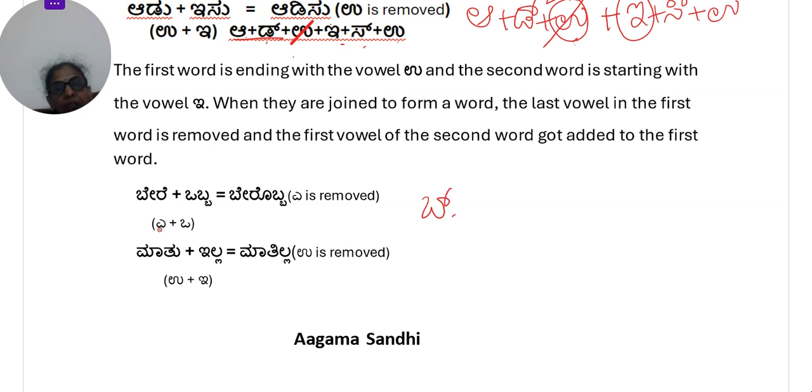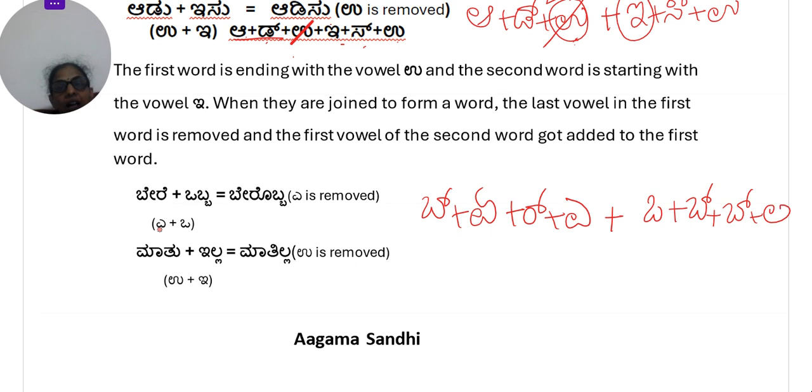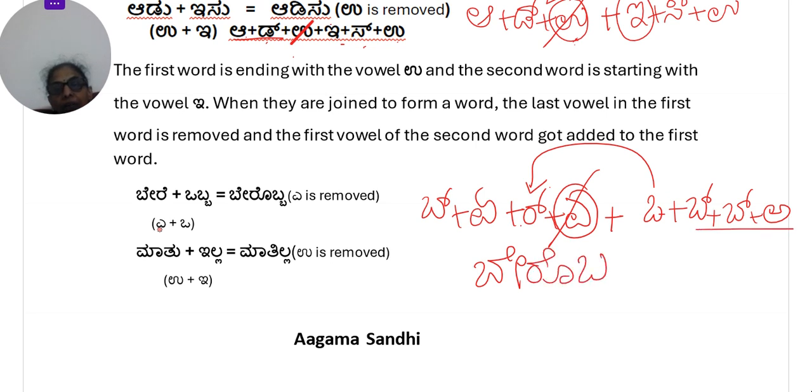So, you will split it as B plus A plus R plus A, then plus the second word now, O plus B plus B plus A. So according to our Sandhi Karya, this will be removed and this will get added to R. So it will become Be. This O gets added to R, Ro. And this will become Ba. Berobba. So here A got removed.